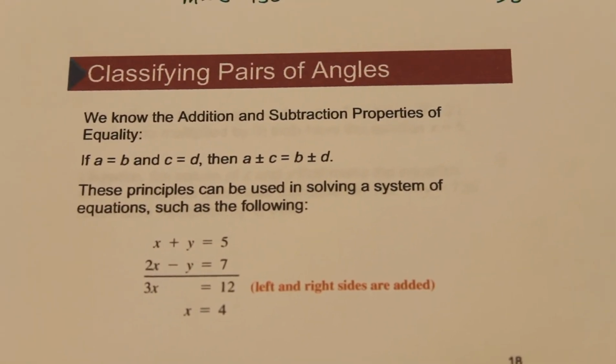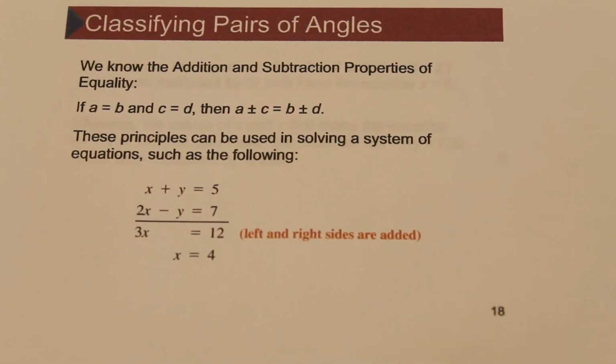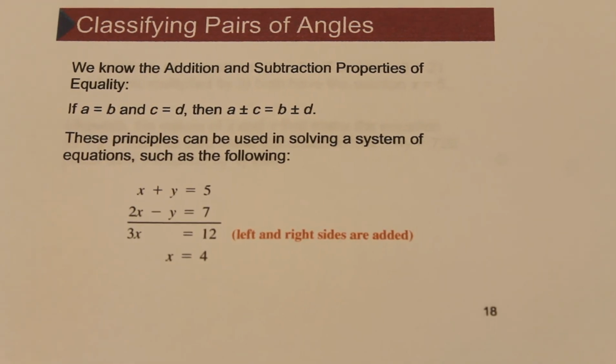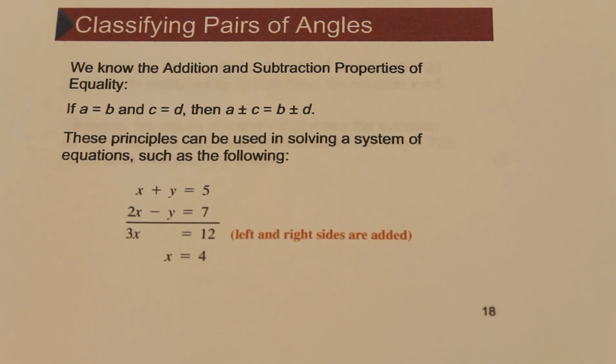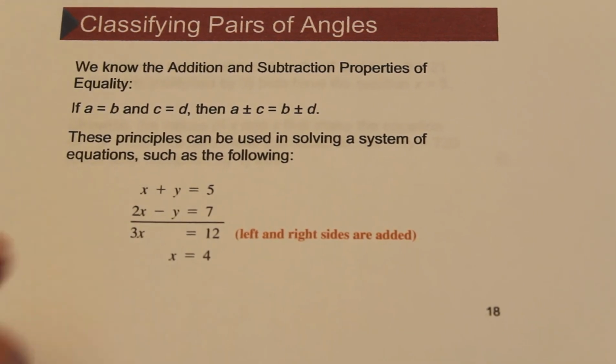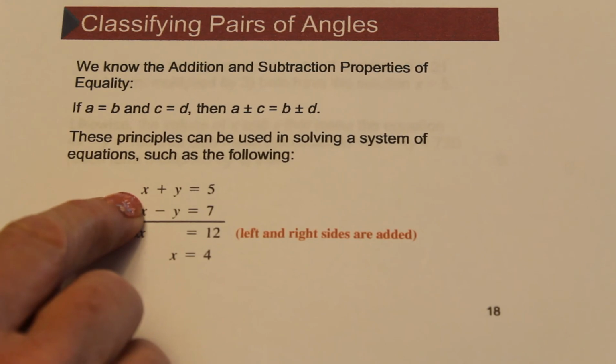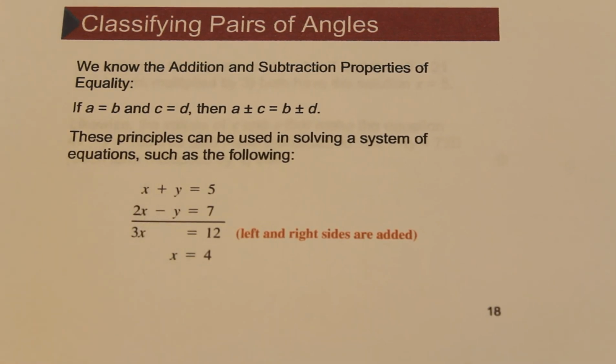All right, so what if we are given some algebraic expression for vertical angles, and we know vertical angles are congruent? We might have to solve an algebra problem. Let's say one of the vertical angles, the measure is x plus y equals 5.